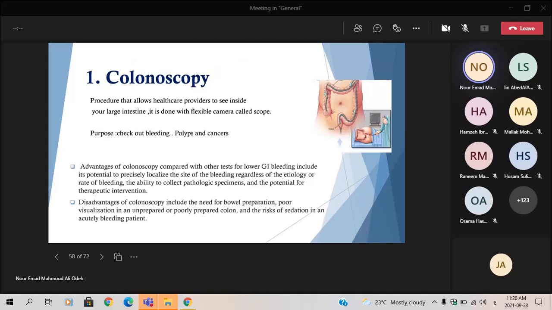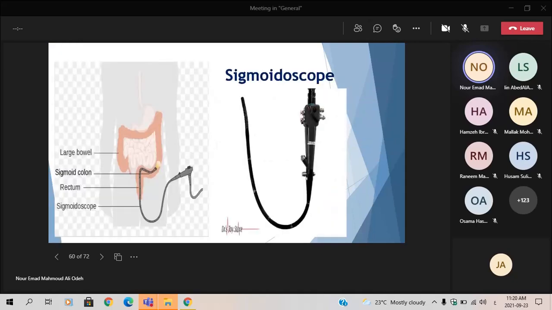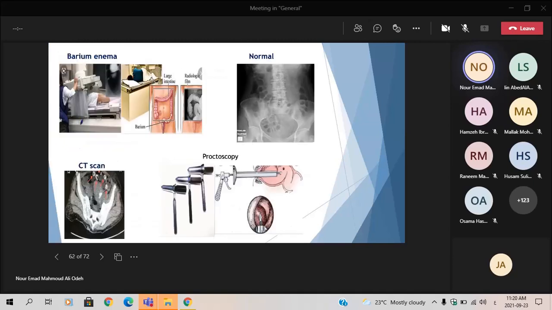The advantage of colonoscopy is we can see the lesion, while the disadvantage is we need to do a bowel preparation before doing the procedure. This is the sigmoidoscopy. Barium enema is a barium liquid that is inserted by enema into the rectum, and we see it by X-ray. Proctoscopy is mainly used for hemorrhoid.